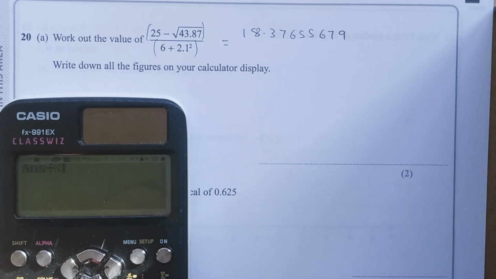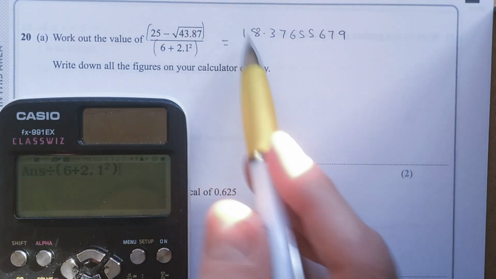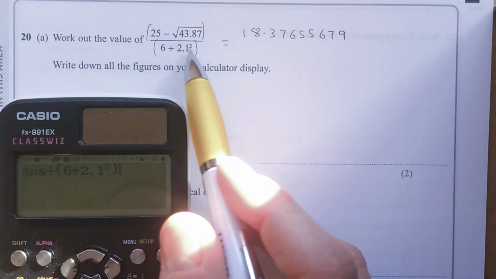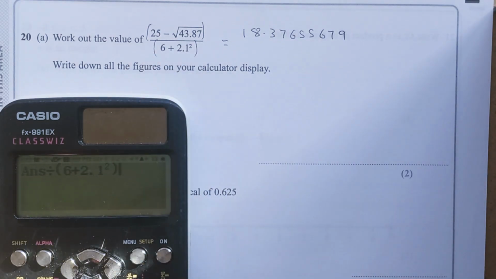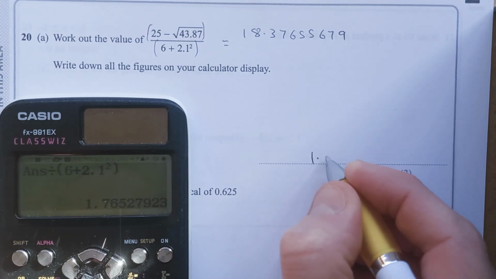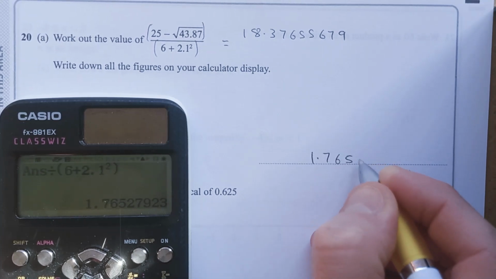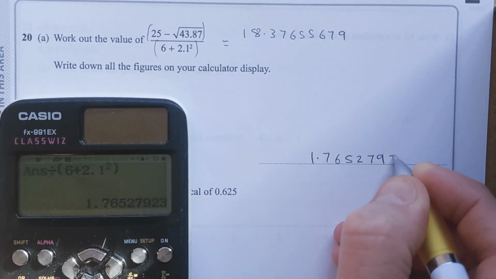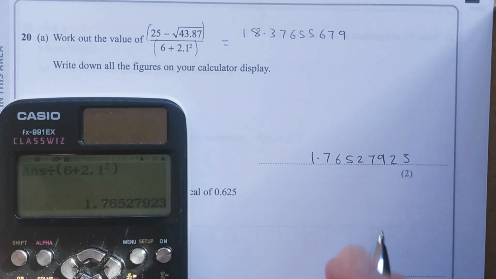Now for the bottom, I'm using my brackets and I'm going to say 6 plus 2.1 squared, close brackets. So I've worked out the top and I'm dividing by all of the bottom in one go there, which gives me 1.76527923.